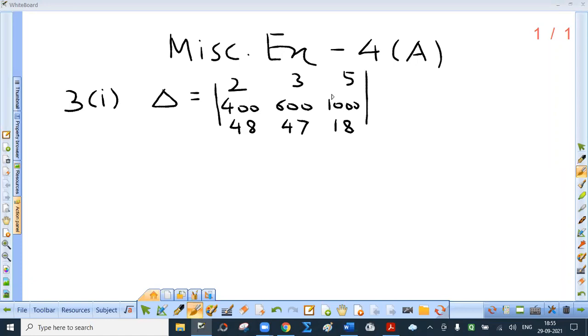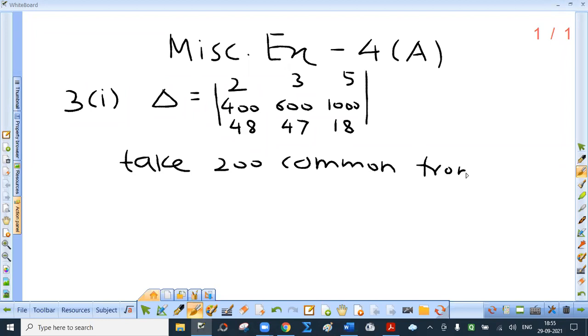Now, third one, first part: evaluate this determinant, which you can see on the screen, by using properties. I hope you will be able to solve this. Just take 200 common from R2.